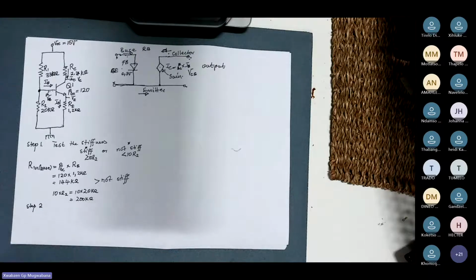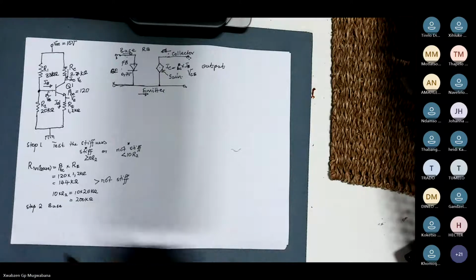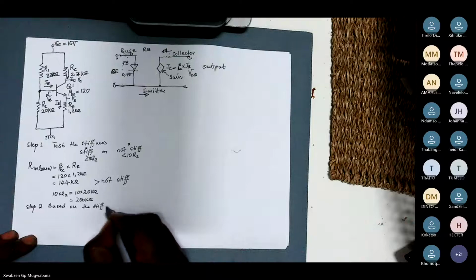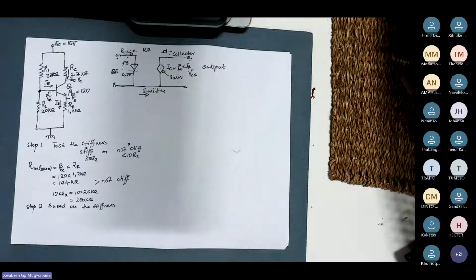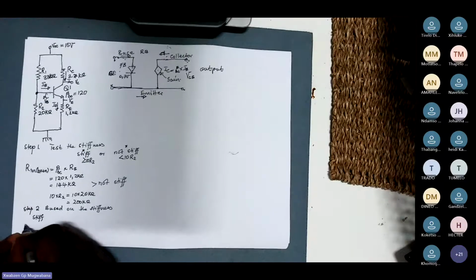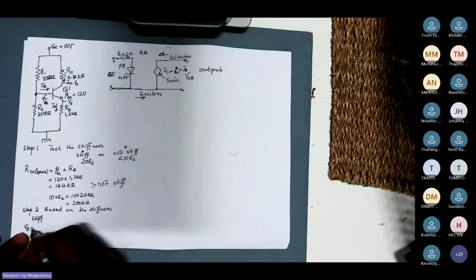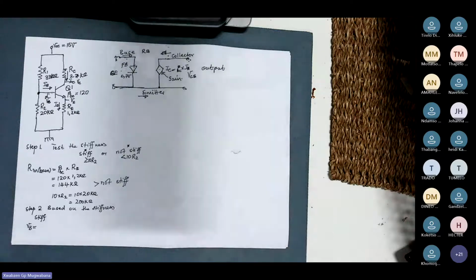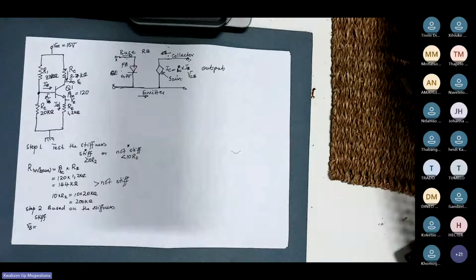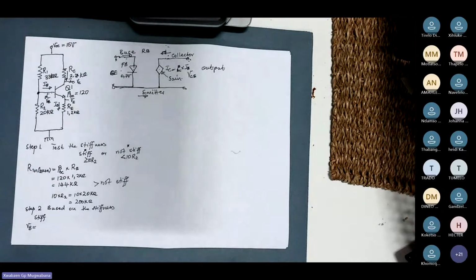In step 2, based on the stiffness, if your transistor is stiff, then our VB, which is the base voltage, will be given by, when you determine the base voltage, you will always find it from your resistor R2, which means resistor R2 will generate enough voltage so that you will have the current flowing into the base of your transistor.